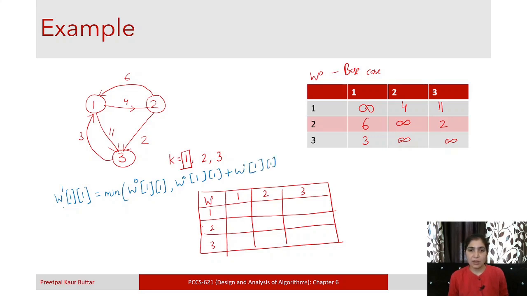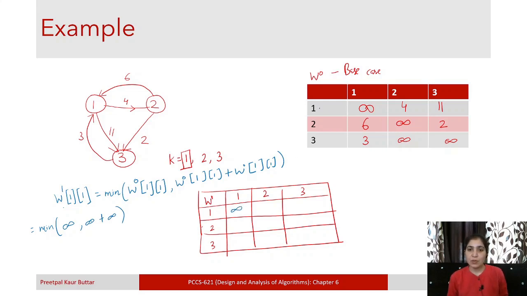So whichever is minimum of these. So it is equal to minimum of W0 1,1, it is infinity, so infinity plus infinity will be infinity.